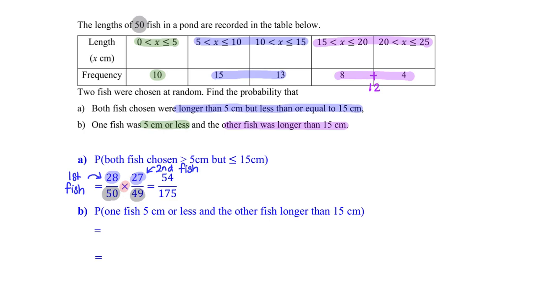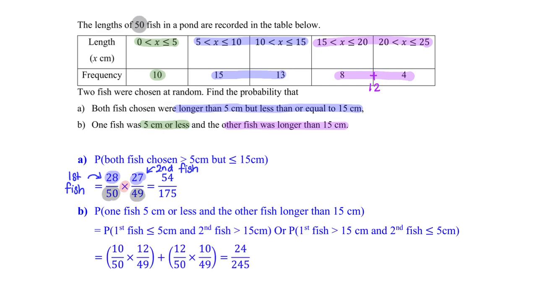Okay, so in my working, you can see that it's either the first fish less than 5, which is 10, total number is 50. Then I choose the one that is longer than 15, which is 12, but take note of the total number.